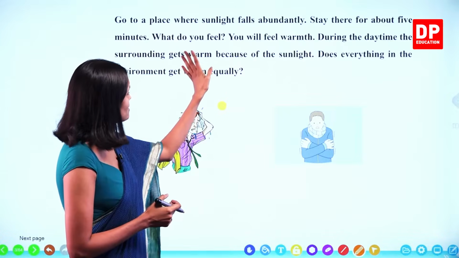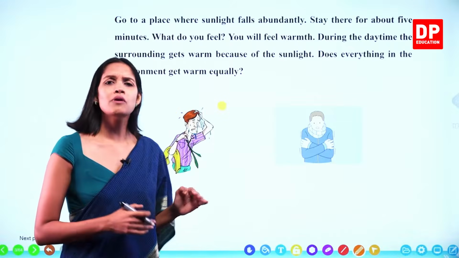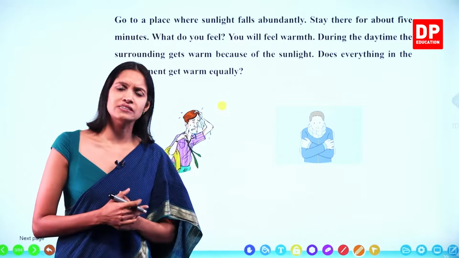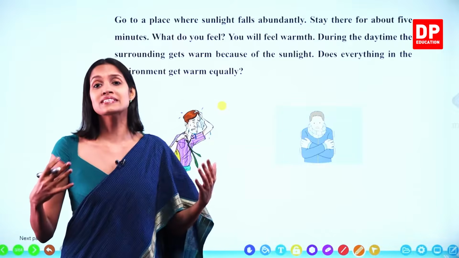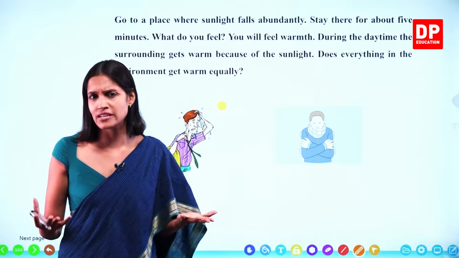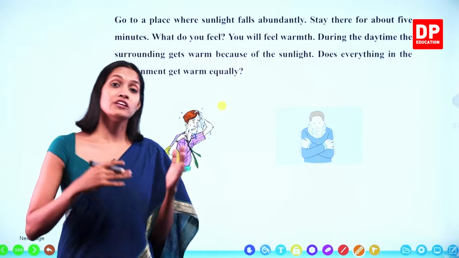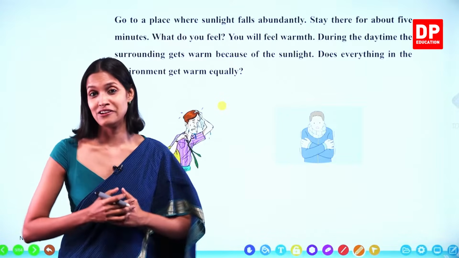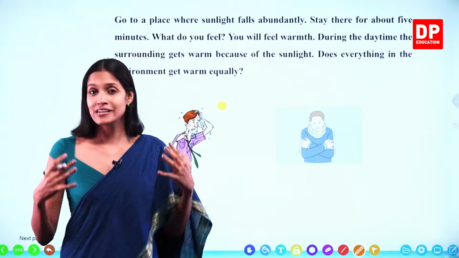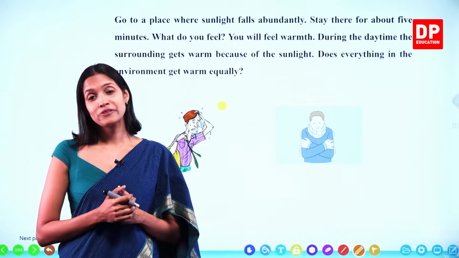Okay? Now, when we consider the different places of the earth, different places of the environment, do all the places get heated up in the same way, children? So sometimes when it is very sunny, when we go under a large tree, what will we feel, children? We'll feel very cool under the tree. Right, children?